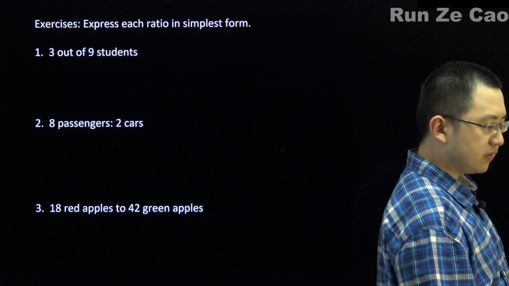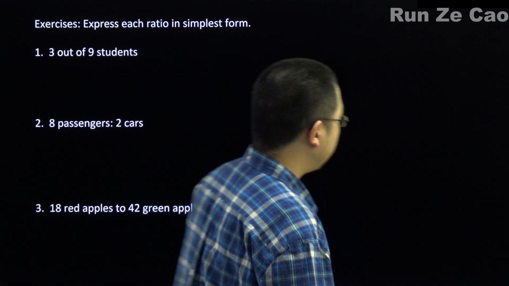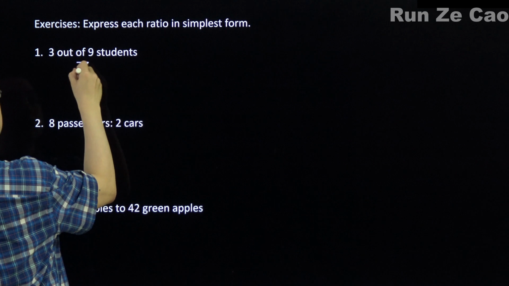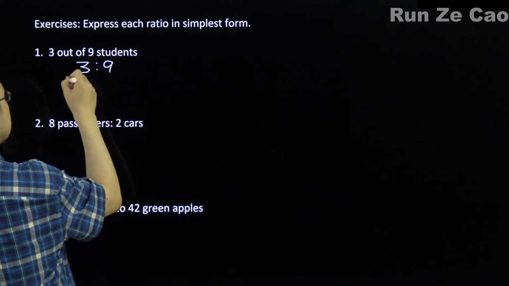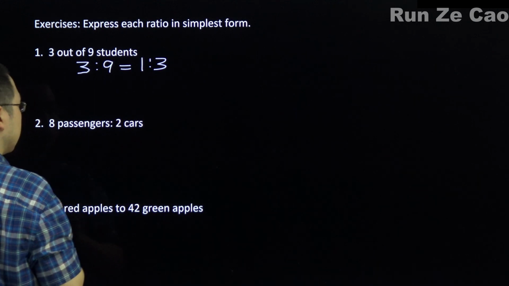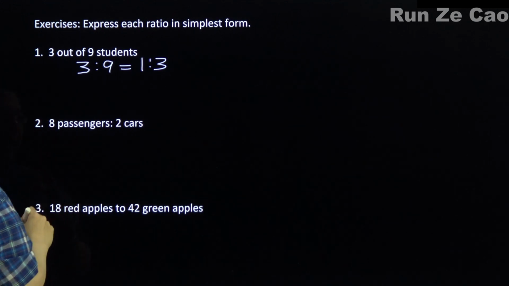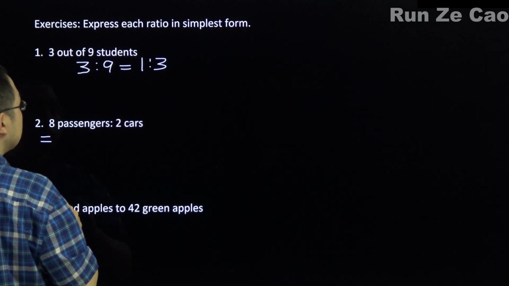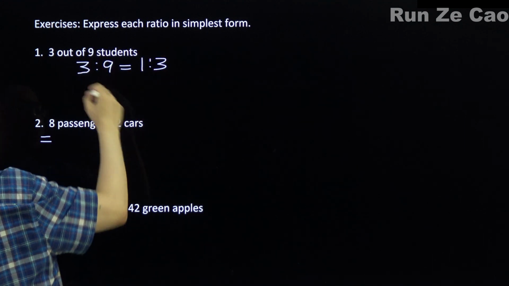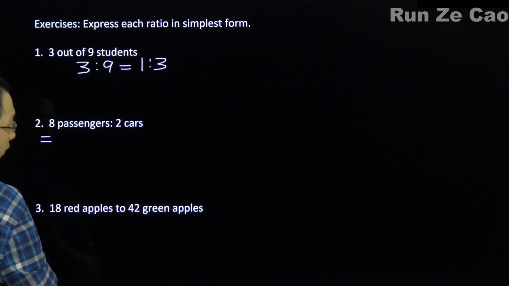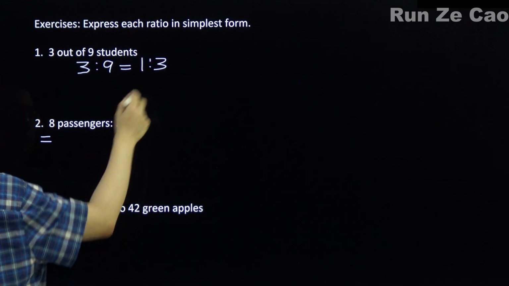Let's express each of these ratios in simplest form. 3 out of 9 students. Well, 3 to 9 is equal to 1 to 3, or 1/3. Up here, the units canceled out because it was 1 student per 3 students, so we don't put any units.